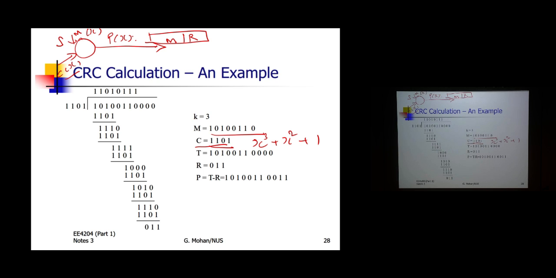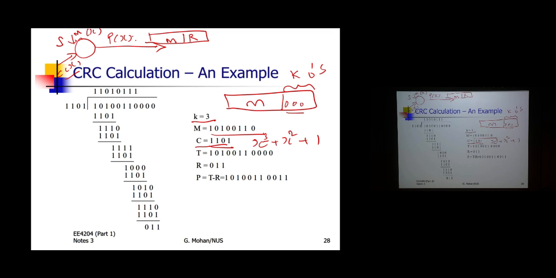The first step is we append M with k zeros. K here is 3, because k represents the degree of the divisor polynomial, which is 3. So the first step is to add k zeros to M.